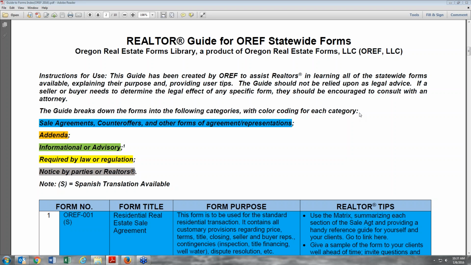Before I get started, I want to touch on what the purpose of these forms is in general. Why do we have printed forms? I think one obvious reason is that from a risk management standpoint, it gets you out of the business of drafting documents or provisions. A good example might be seller possession after closing.